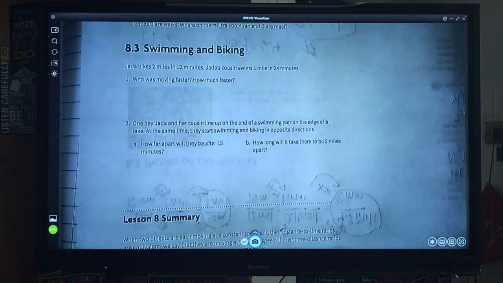Oh wait, Jada is running 6 miles. I mean, 6 minutes per mile. So that means, I told you miles per minute. We already have miles. So that means it would be 2.7.